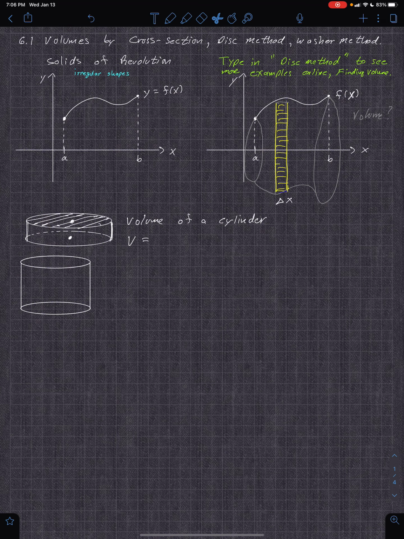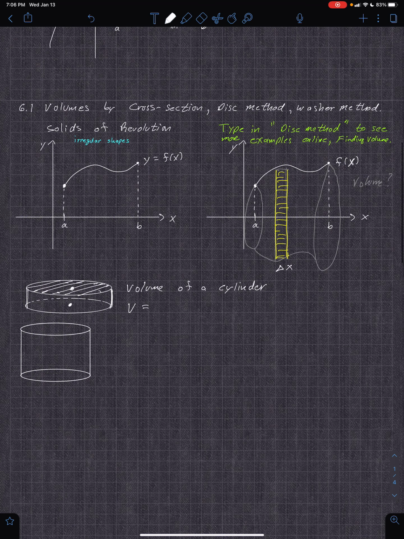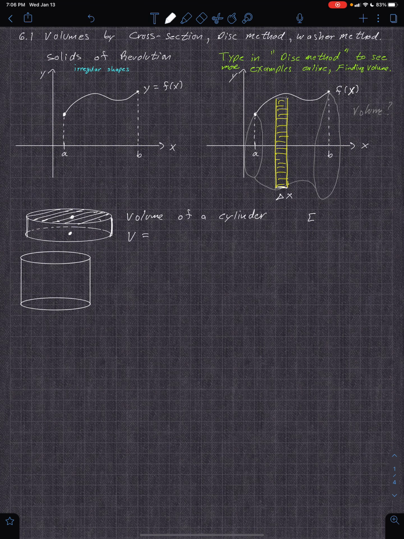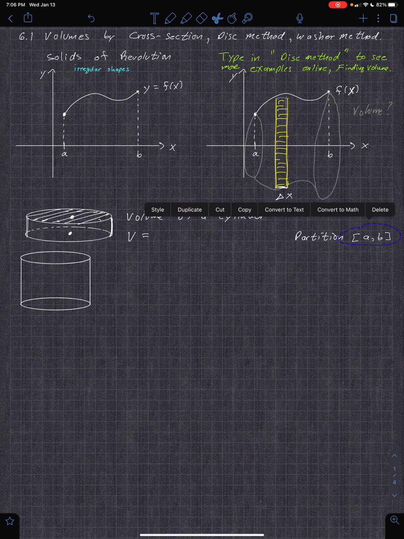So the thickness of this thing is what we're going to say is my delta x, because we're going to end up partitioning AB, right? So we're on some interval A to B, and we're going to take a partition of that. Okay, so partition AB, let's write it like that, it's probably better. So partition AB, like this.